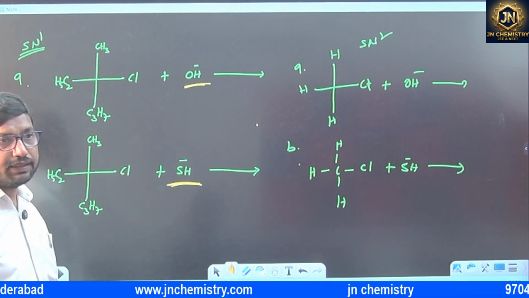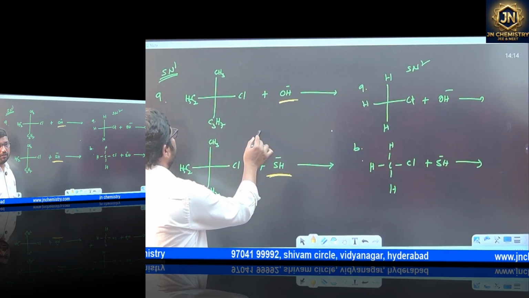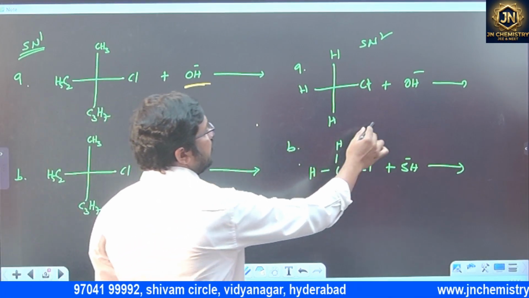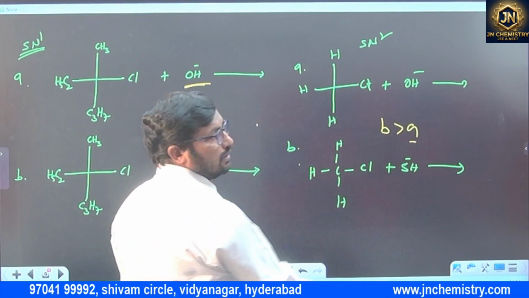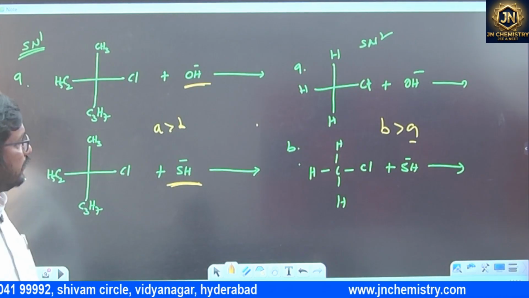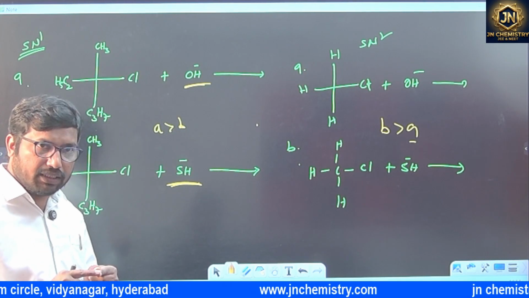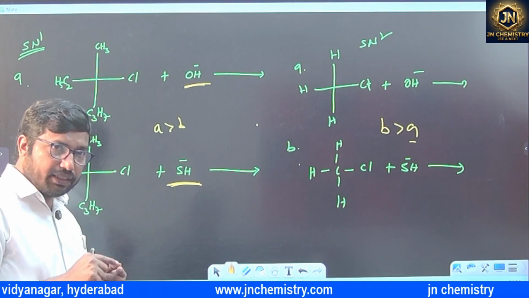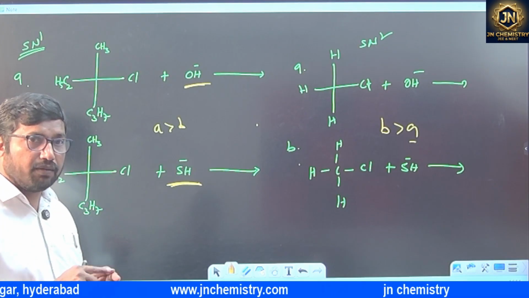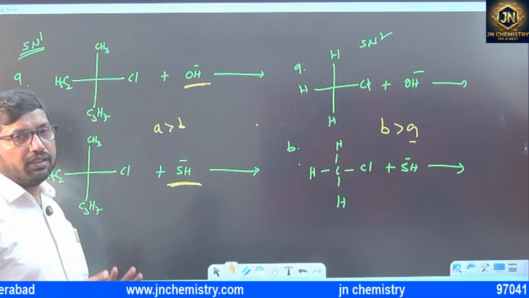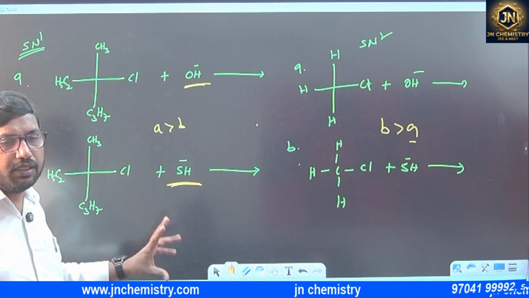Which is faster in SN1? A greater than B. Here B greater than A. Here three points are coming at a time. You should know the nucleophile strength, SN1 and SN2, and you should know weak and strong, only then you can decide. The answer doesn't come just by looking directly. Then a little practice is needed.